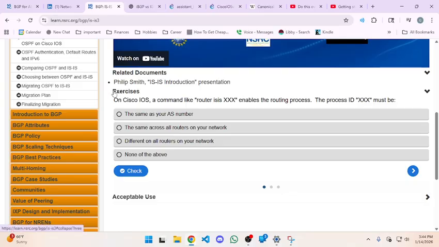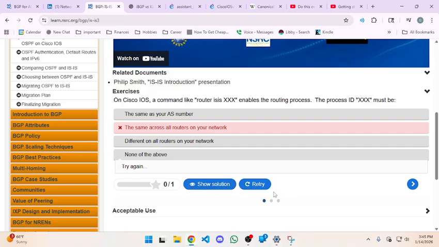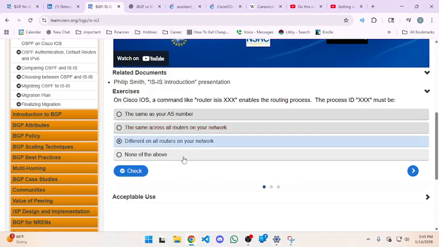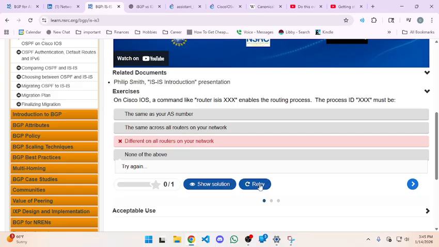All right. So go back to you doing the exercises. On Cisco IOS, a command like router ISIS XXX enables the routing process. The process ID must be the same because it's like an area ID. No, wait, what?